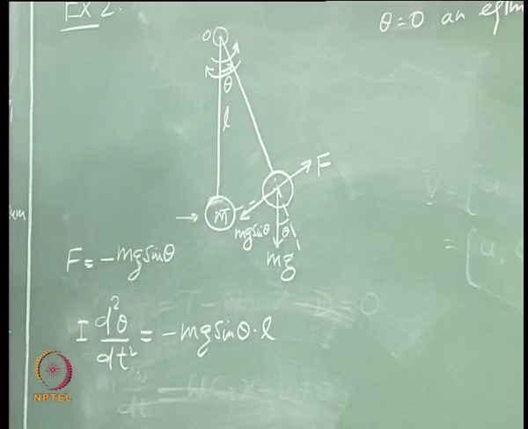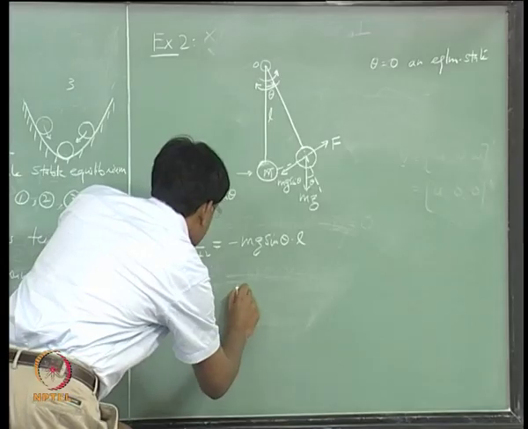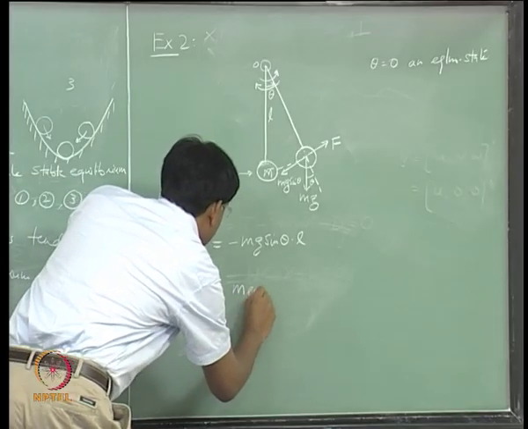That is why there is this negative sign. I is mL squared.